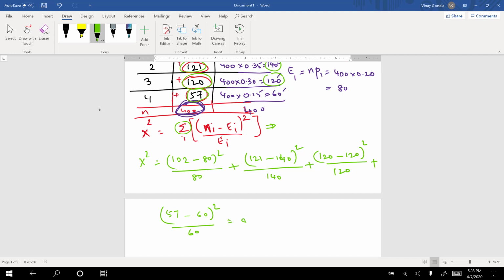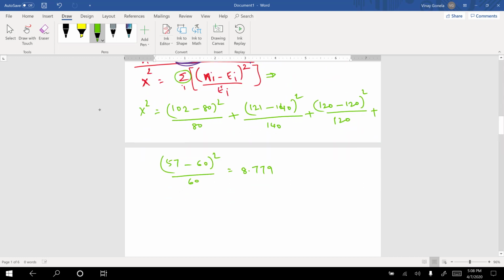If you calculate this, you will get 8.779. That is my chi-square value. So the chi-square value is 8.779.